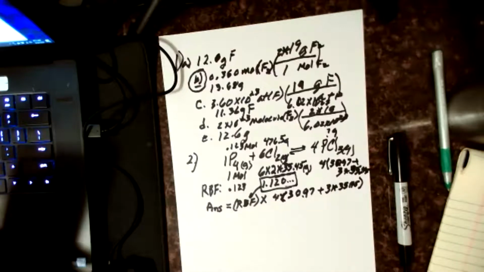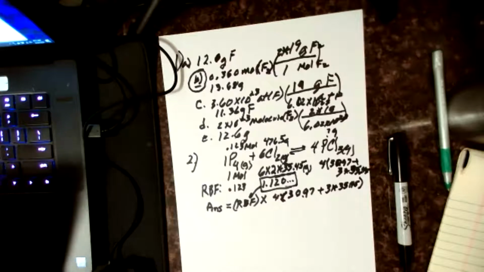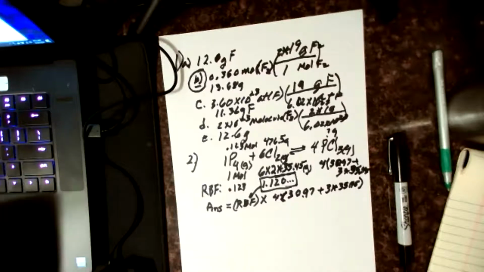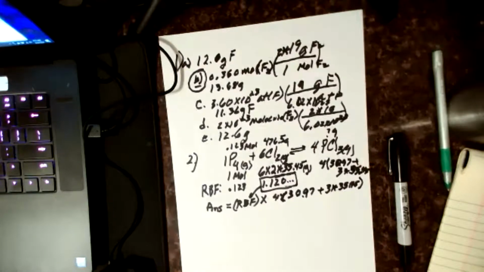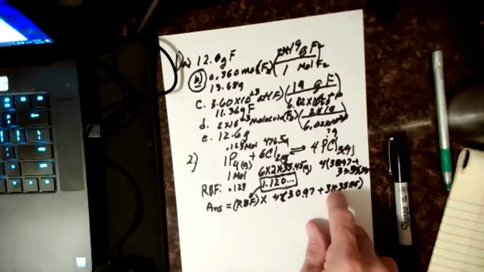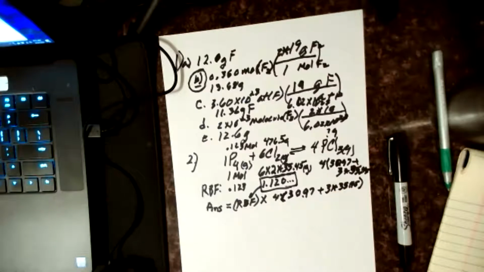Let me see, 0.123 times 4 times, I did look up phosphorus, right? 30.97. Yeah, 30.974. Okay, so that's right. And chlorine is 35.45. I'm almost certain of that. 35.453.